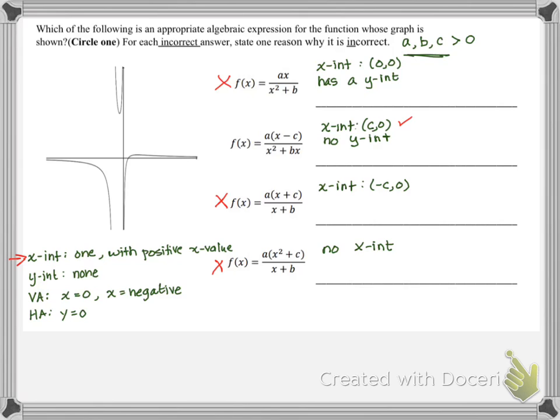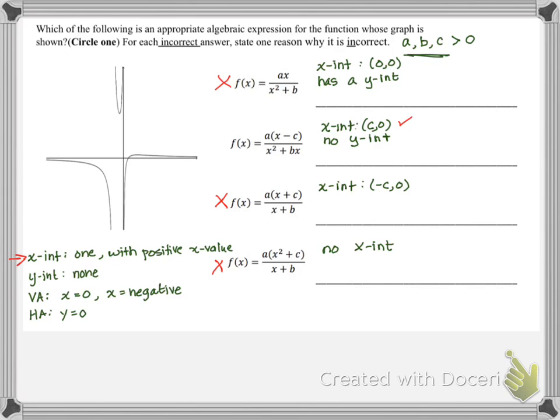So when I ask something like, what's the y-intercept? I don't expect you to just be able to stare at it and figure it out. I want you to think, oh, that means x is 0. Put your 0 in, and then you can get it, right? So you don't have to be able to look at these and know what they are. There's a process for finding everything, right?